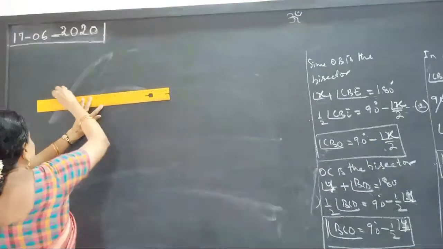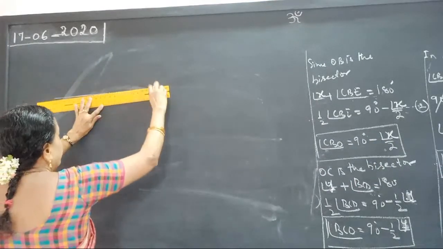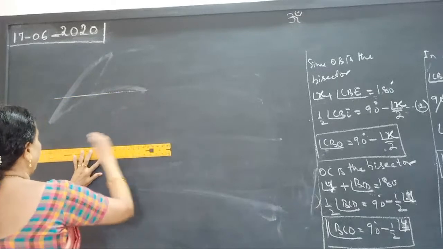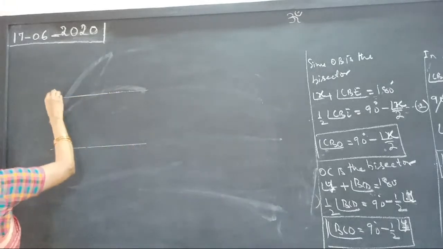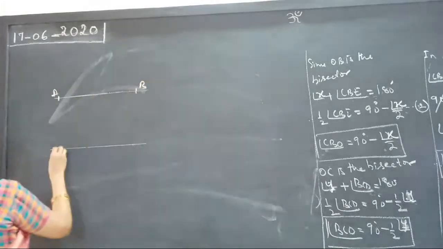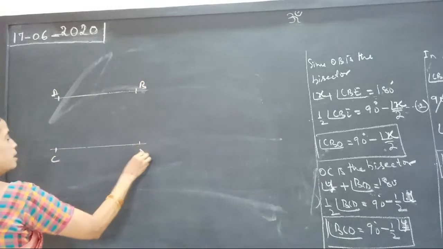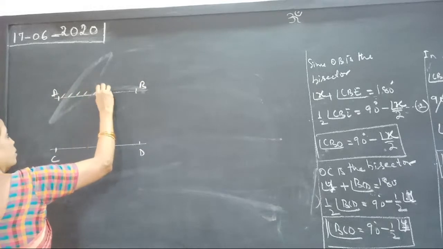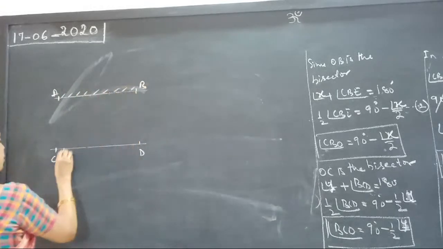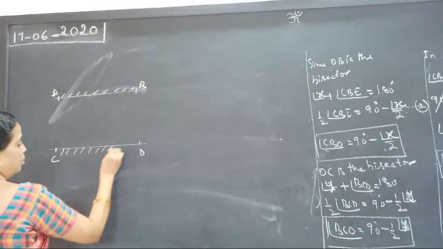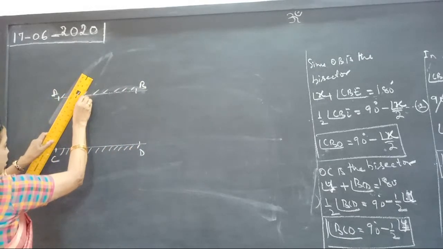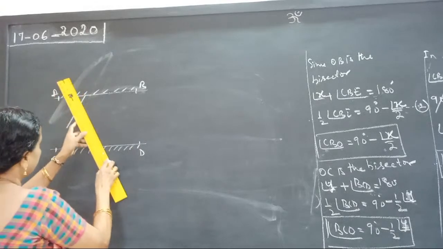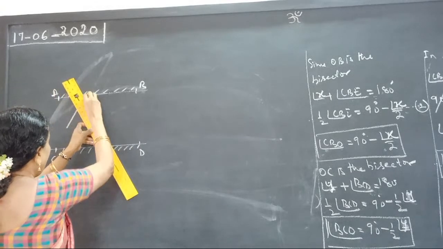Here they have considered AB and CD as two reflecting mirrors. Name them as AB and CD. It's a textbook question. This shows the reflecting part of the mirror, and this is the incident ray. This is the reflected ray.